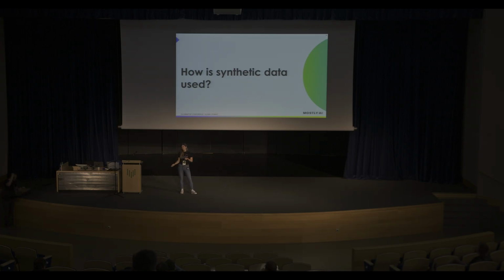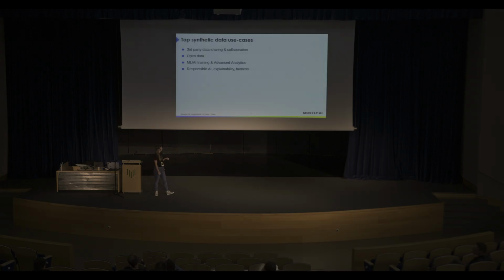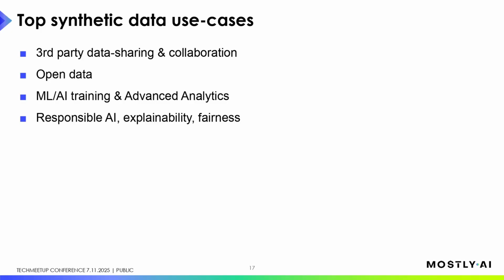So what's the use case, right? Why would you bother to do things like this? Why would you train the generator if you have original data? I think I said that during the talk already.